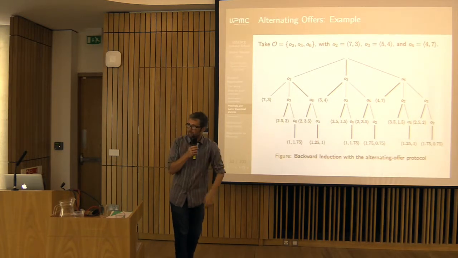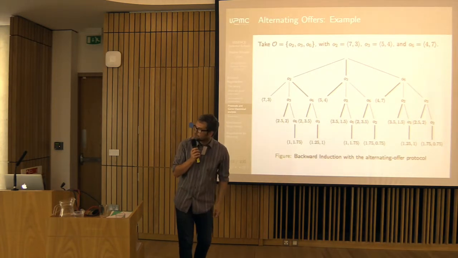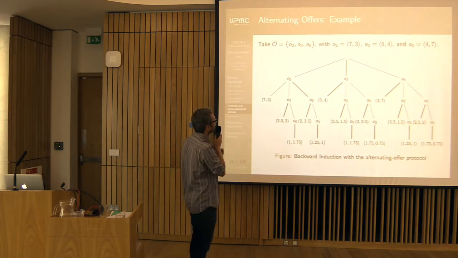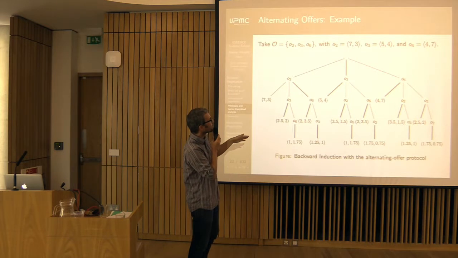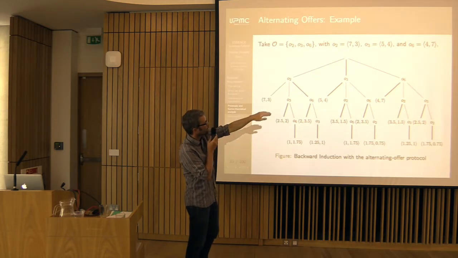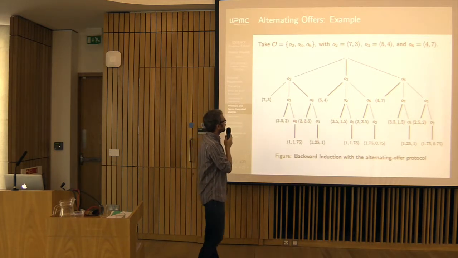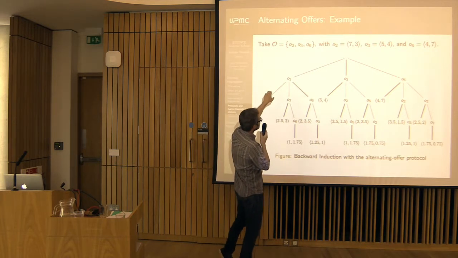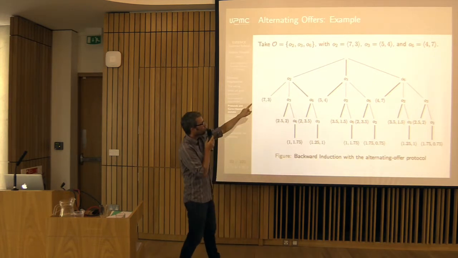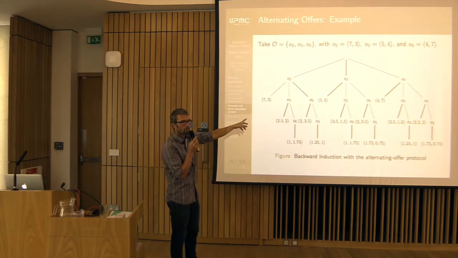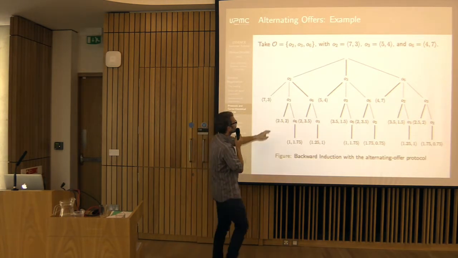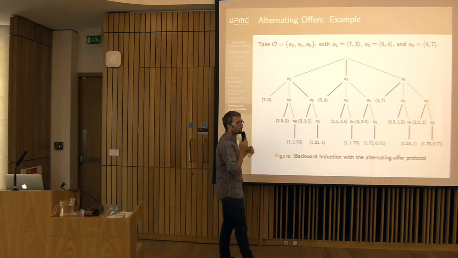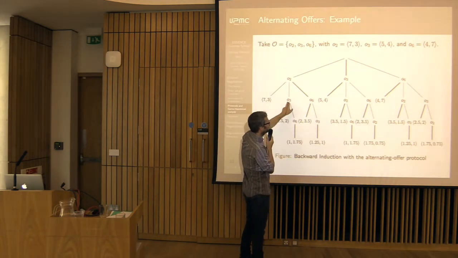So you have O2, it's 7, 3, O3, 4, 5, and so on. In the first level, agent 2 makes an offer, either O2, O3, or O6, then the other one can either accept or make a counter offer.